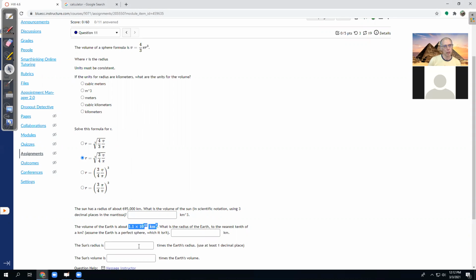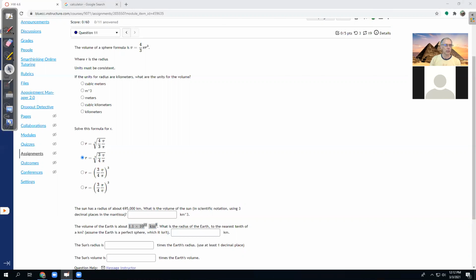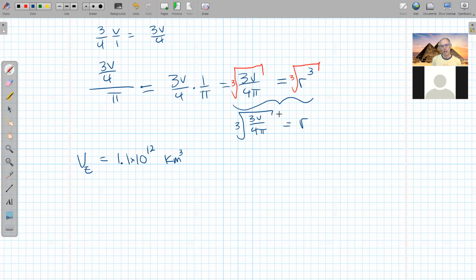So 1.1 times 10 to the 12th. The volume of the Earth is roughly 1.1 times 10 to the 12th, and that is kilometers cubed. Check units. Yep. And we're going to plug that into this here.